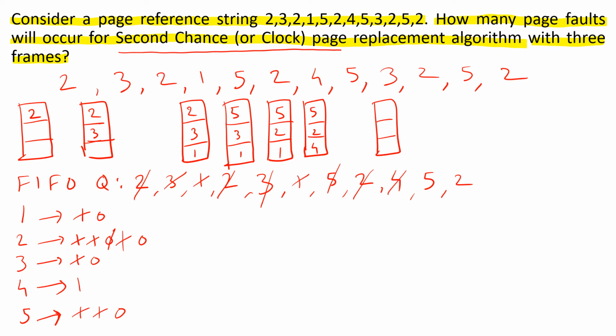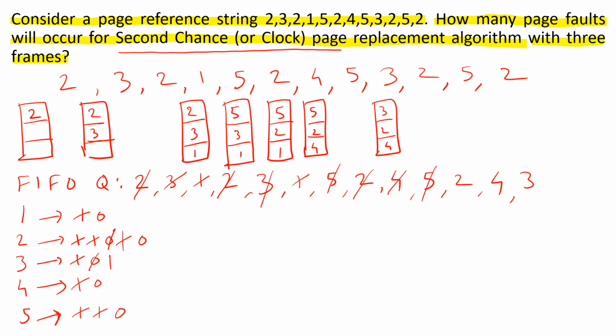We take the next page, which is 4, the reference bit is 1, so we give that page a second chance, insert it onto the queue, and the reference bit is cleared to 0. And then we remove 5, whose reference bit is 0, so we remove 5 and take 3 in. We will get 3, 2 and 4. 3 is inserted into the queue, 3 is used, so its reference bit is 1.